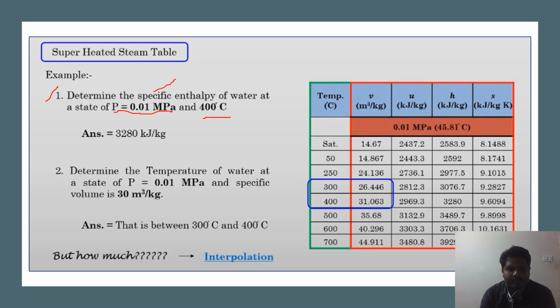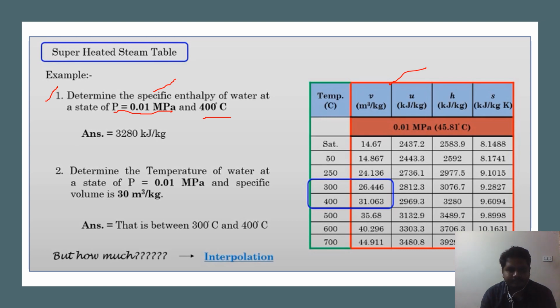The given pressure is 0.01 megapascal, so we have to pick the table for a pressure of 0.01 megapascal. If you look at the right side, this table is only for 0.01 megapascal. For example, if the given pressure is 2 megapascal, we would have to take some other table.